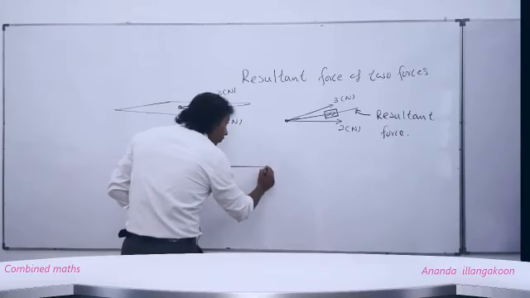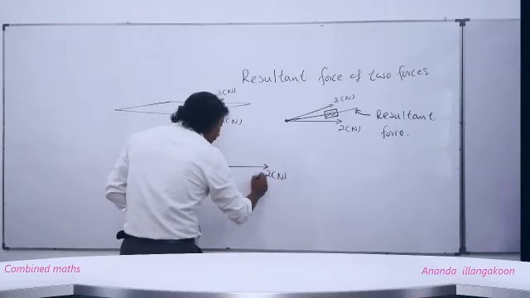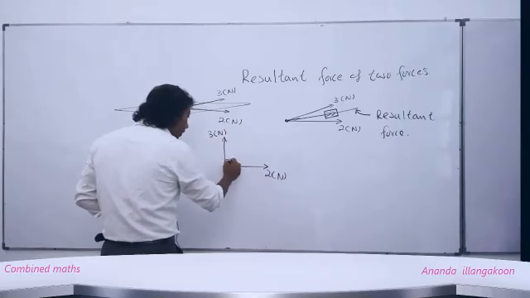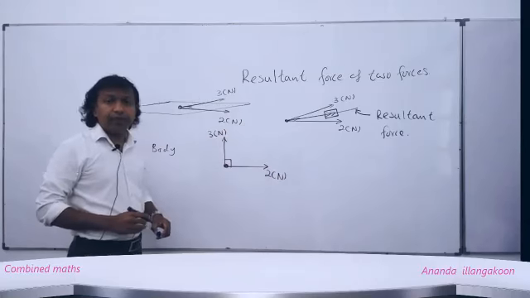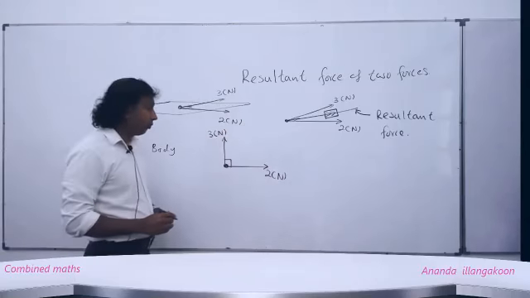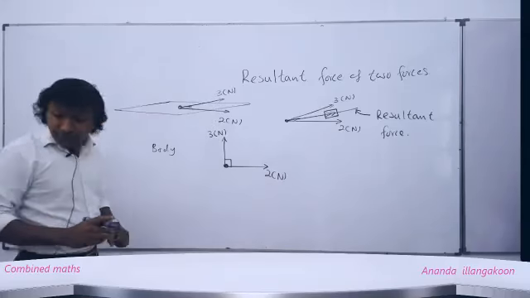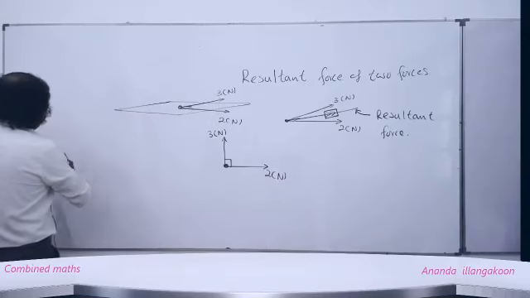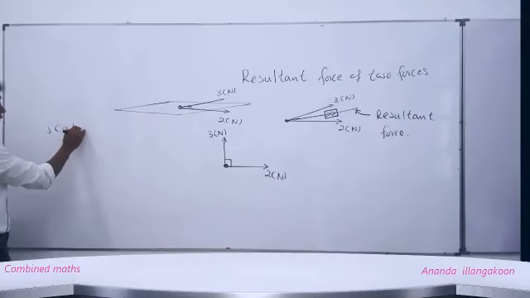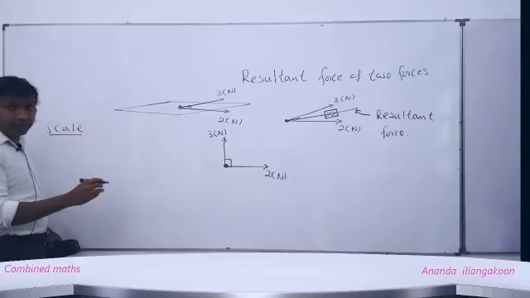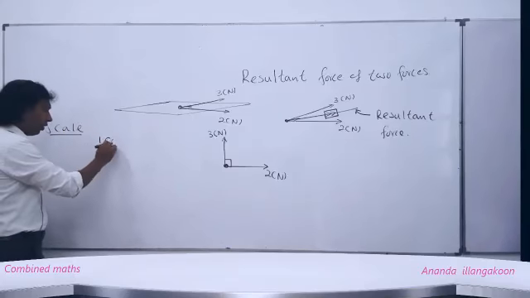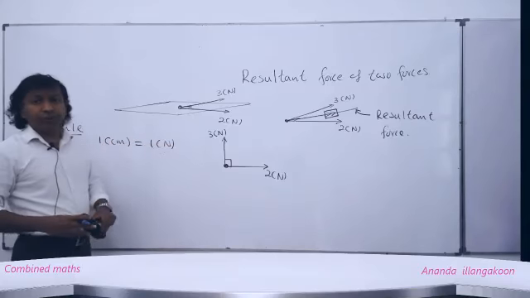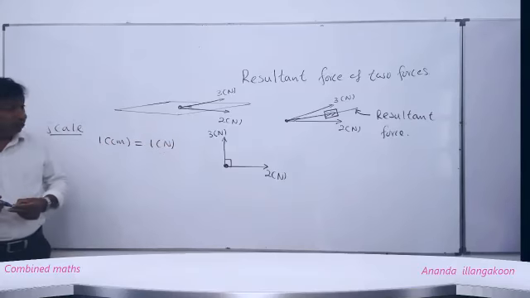The 2 Newton force is here and the 3 Newton force is here. This is 90. Now what we do is this, people: we first select a scale. That scale says one centimeter long line segment represents 1 Newton force. That kind of scale, people, we use.